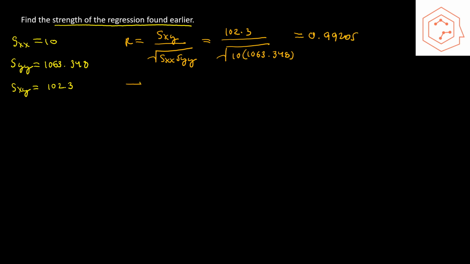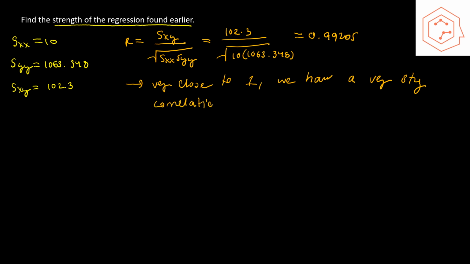And that's essentially telling us how well our line of best fit fits the data points. So since this is very close to 1, we have a very strong correlation. And our model is very good at describing the points.